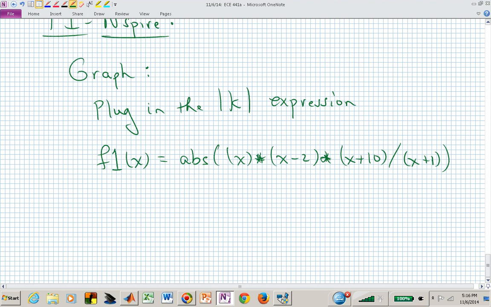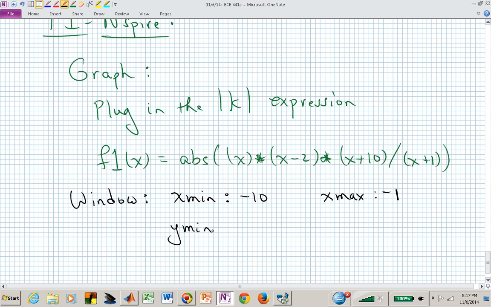And now the only thing I have to worry about is probably adjusting the window to display what I want. Your calculator is going to probably give you that expression for an unlimited range of x values. We just want to focus on that expression between s equal minus 10 and s, or x in this case, equal to minus 1.